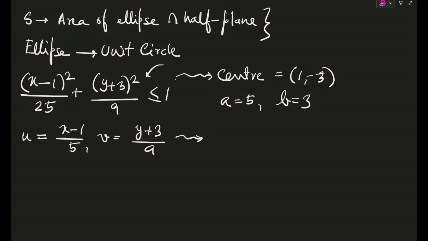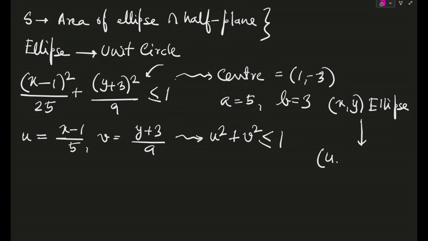It's basically converting one coordinate system into another for our reference. So if you actually write the equation now, this is u square plus v square less than or equal to 1. Okay. So basically what we did is, in the x comma y plane, it was an ellipse. So we did a small substitution and changed it into a u comma v coordinate system where it is a unit circle.